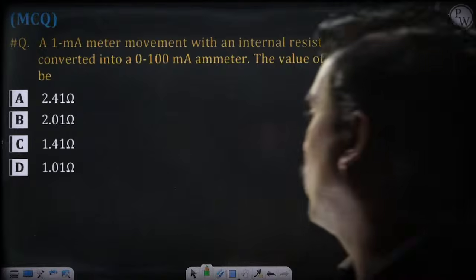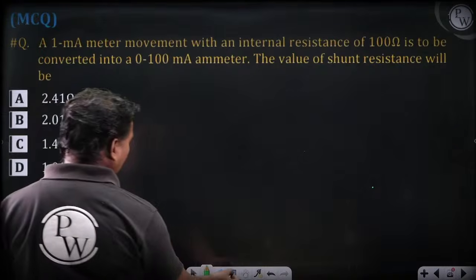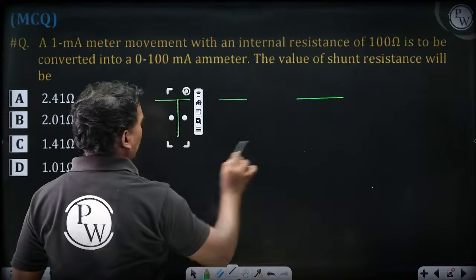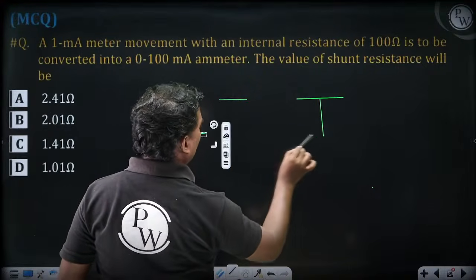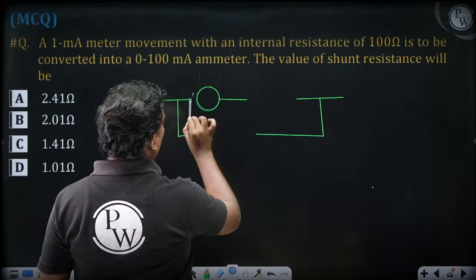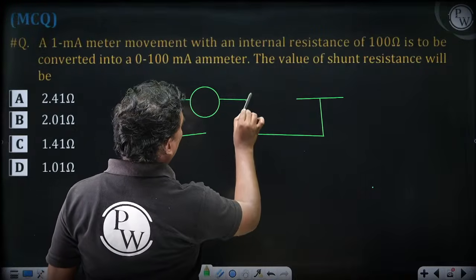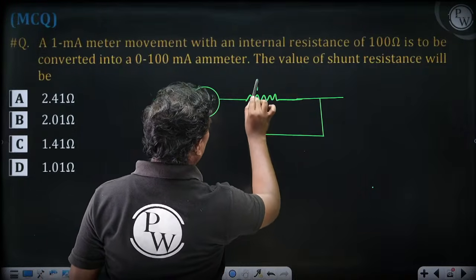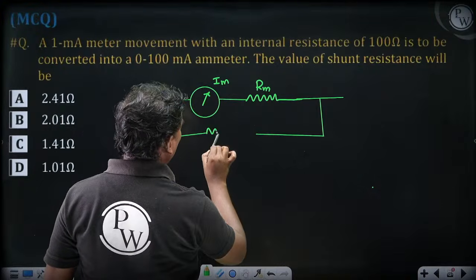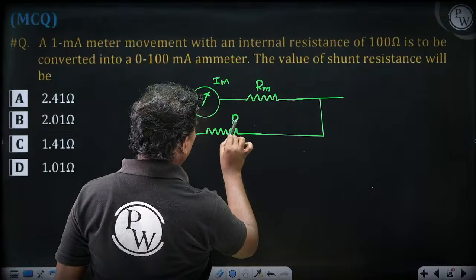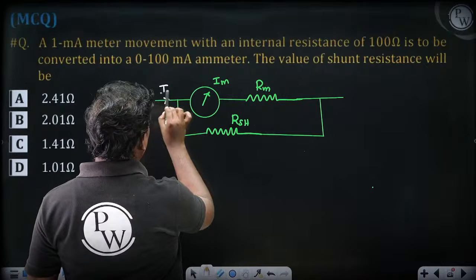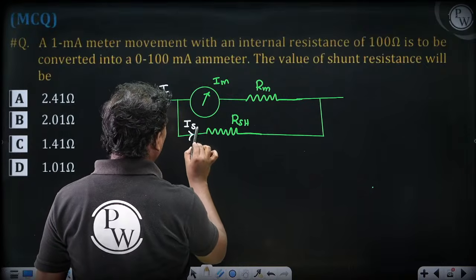Answer D? Okay. Just before, I told you this is the formula. This is our meter resistance, this is our Im, this is our shunt resistance. This I can go for I, this is the Ish.